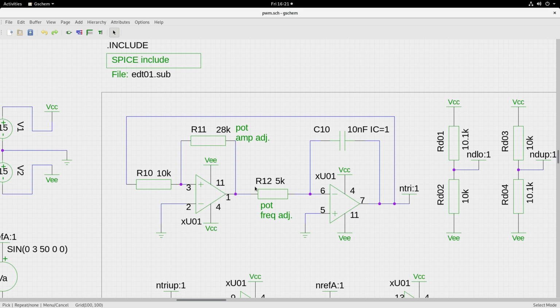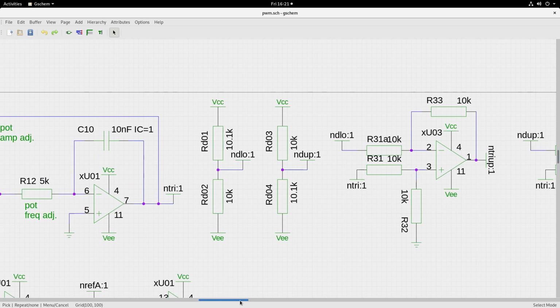If it is going high, then this integrator is integrating down. If this goes low, negative, then it is integrating up because it's an inverting integrator. So the output here will be a triangle waveform going up and down, both positive and negative. So this is the triangle portion.